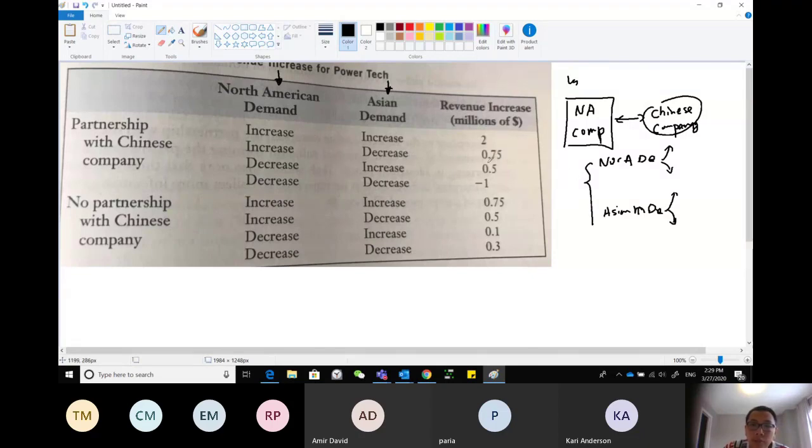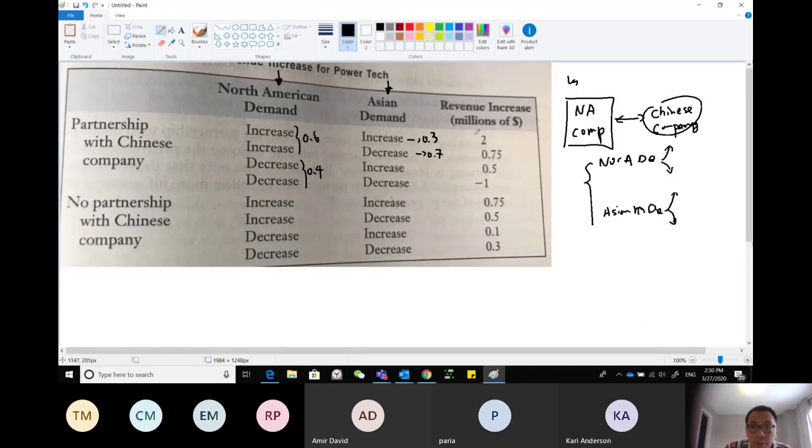For the North American demand, according to the historical data and forecasting, there is a 60% chance of an increase in demand, and a 0.4 chance, or 40%, of a decrease. For the Asian market, there is a 0.3, so a 30% chance of an increase, and a 0.7, or 70%, chance of a decrease.